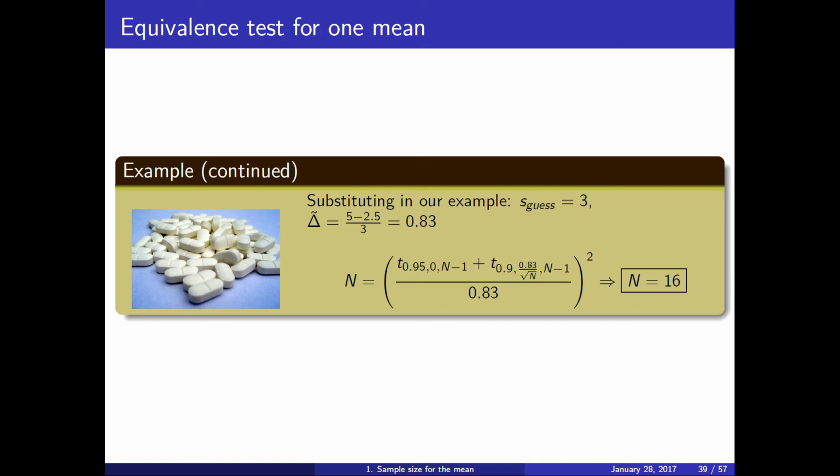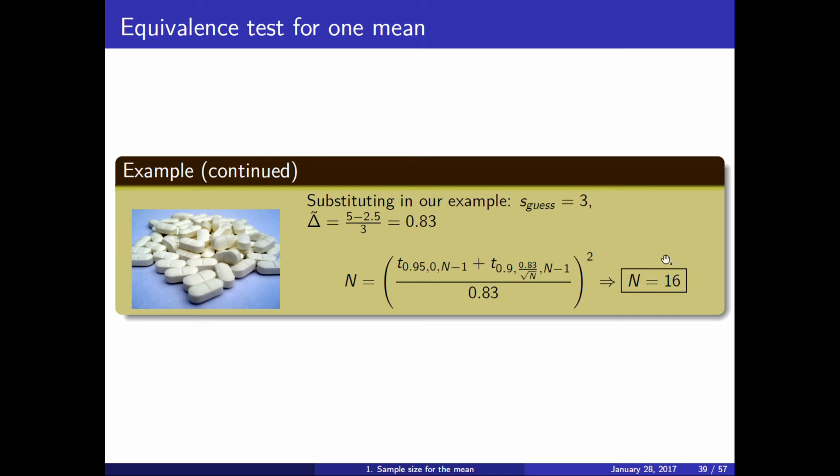So in our example, we had 5, so we wanted to have a power of 90% to detect changes of at least 5 milligrams, and then this was the tolerance divided by 3. This is a relatively simple case with only 16 tablets.